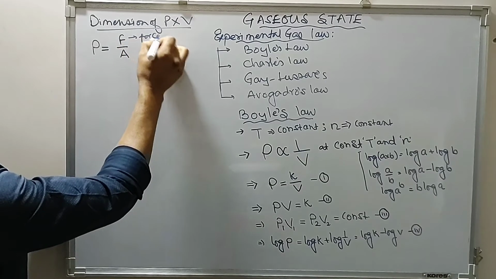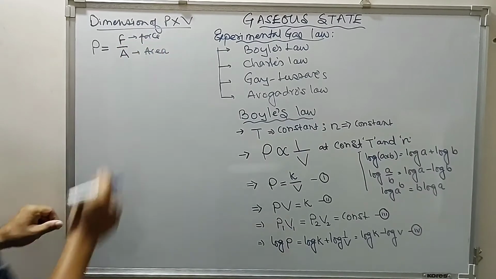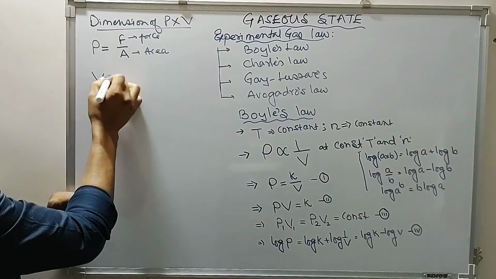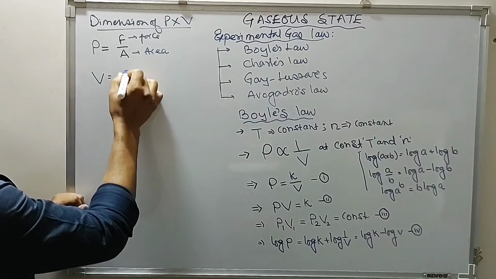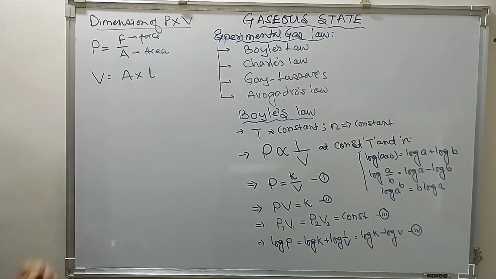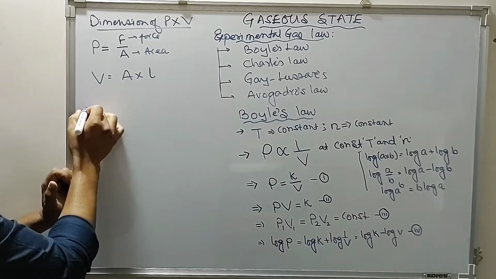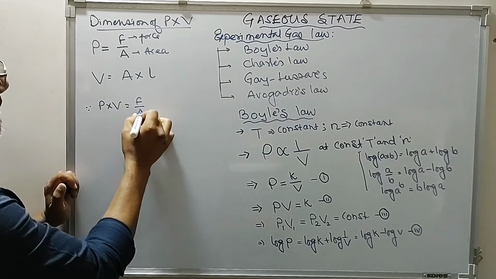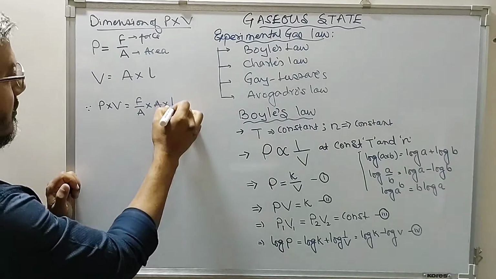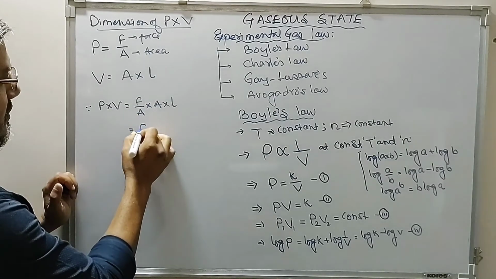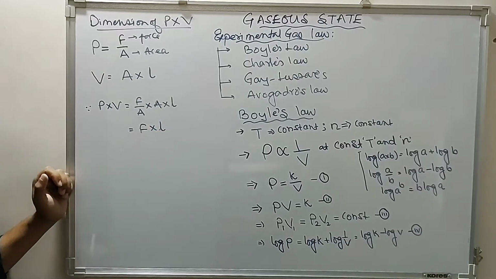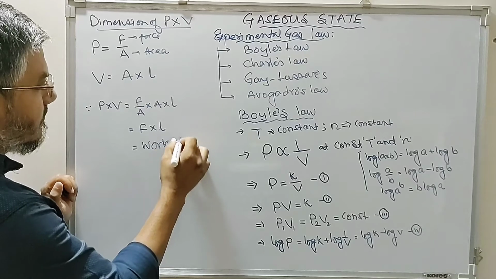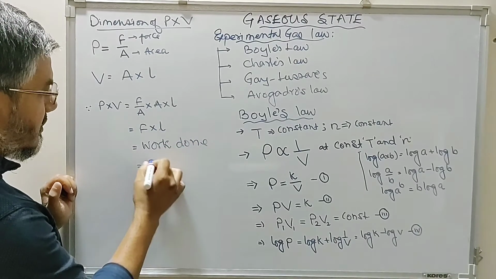And volume is area into length. So therefore pressure into volume is equal to force per unit area into length. So we have force into distance. So force into distance, this is defined as work done. So work done is nothing but energy.